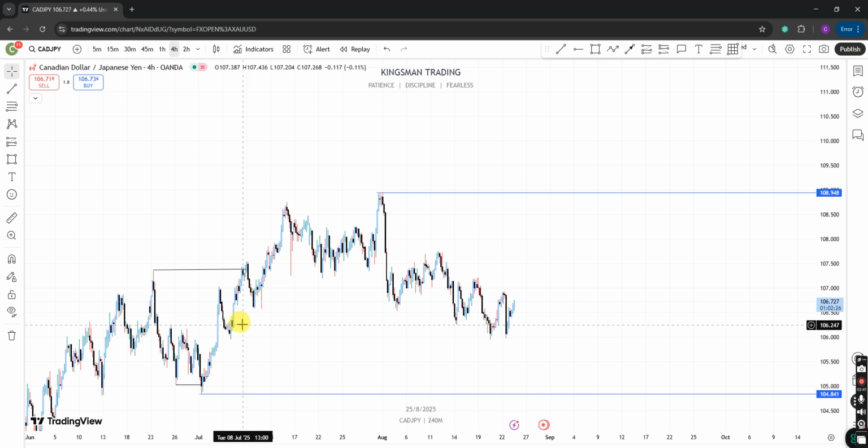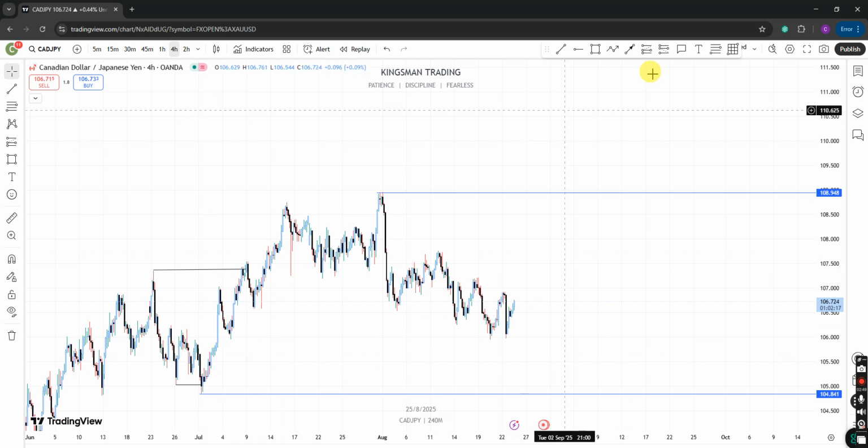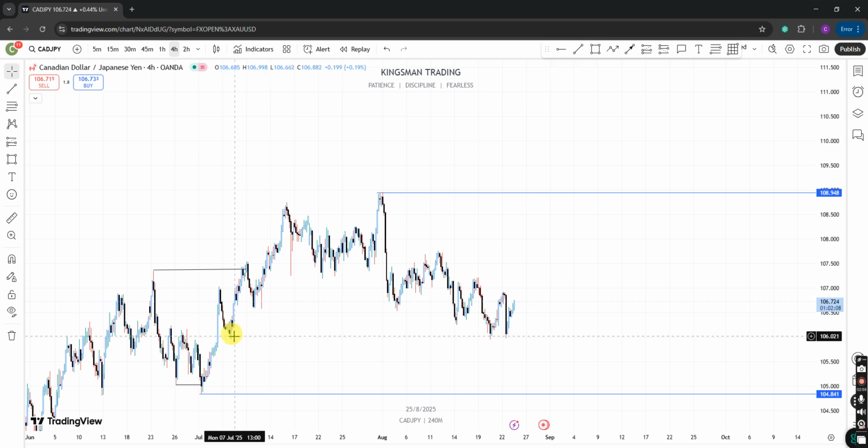So now there is this other block that price is obviously reacting from here. This is unmitigated. There is still another block here, but we all know the QMR model, which is a sweep, break and inducement. And because of how powerful that model is, this is going to be our structural liquidity right here.